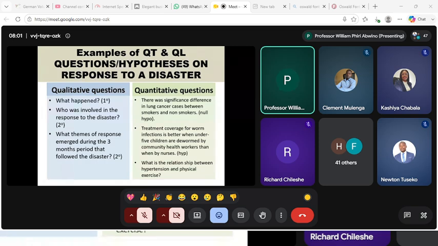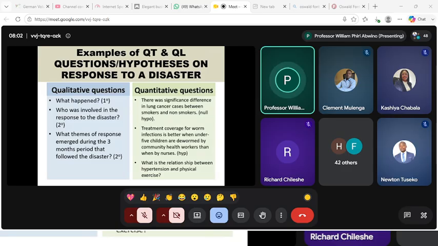Okay, who was involved in the response to the disaster, for example? Let's pick an example of this. What themes of response emerged during the 3-month period that followed the disaster? I hope you have picked that.